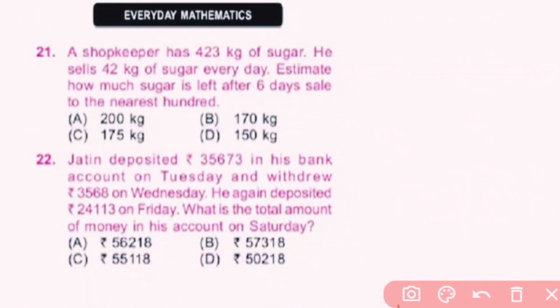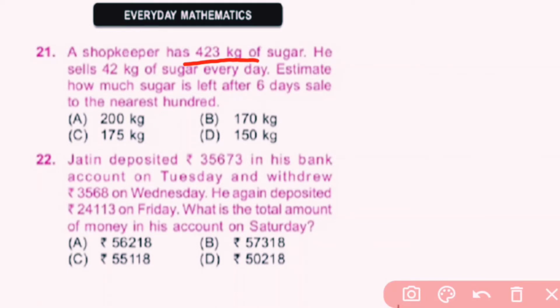Question number 21. A shopkeeper has 423 kg of sugar. He sells 42 kg of sugar every day. Estimate how much sugar is left after 6 days of sale to the nearest 100. So the total amount of sugar is 423 kg, and in one day he sells 42 kg.